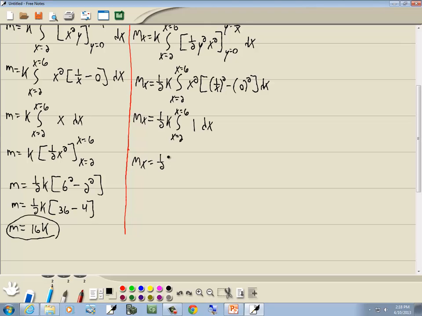The 1/2 k stays there. This becomes 1x, or just x, from x equals 2 to x equals 6. And now plug 6 in for the x, minus, I'll plug 2 in for the x. Now 6 minus 2 is 4. 4 times a half is 2, so we got 2k.